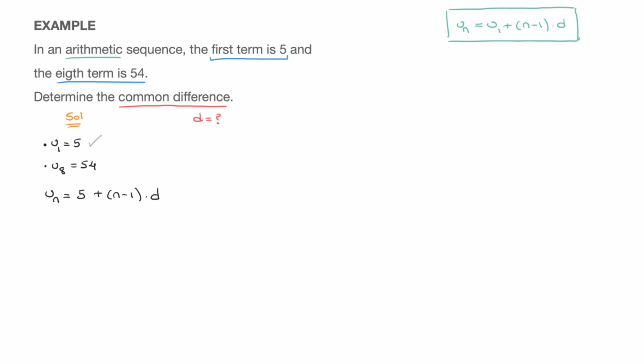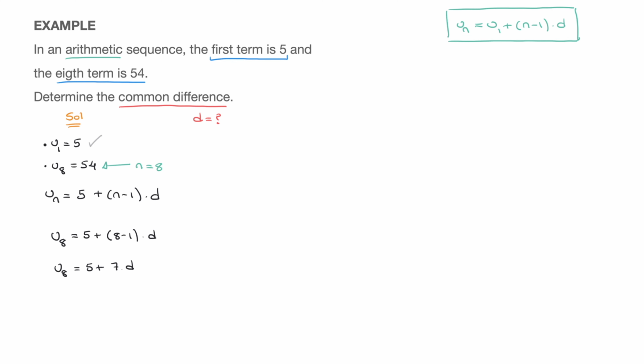Indeed, using the fact that for the eighth term, n must equal 8, alongside this formula, we can go ahead and state that the eighth term, u sub 8, must also be equal to 5 plus, in parentheses, 8 minus 1 times d. And since 8 minus 1 is 7, this quickly becomes u sub 8 equals 5 plus 7 times d, which I could just write as 7d without a pair of parentheses.